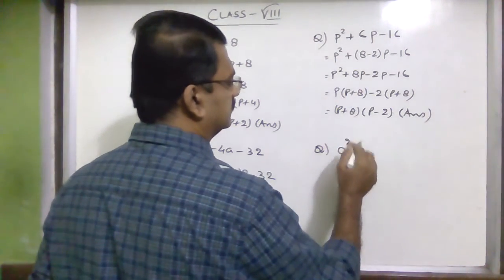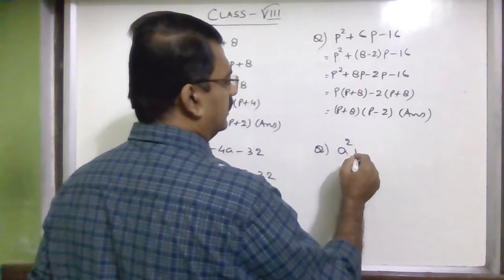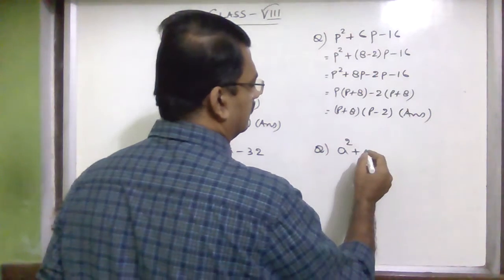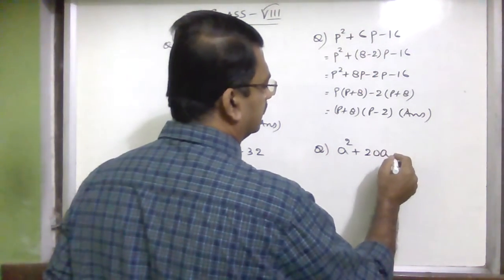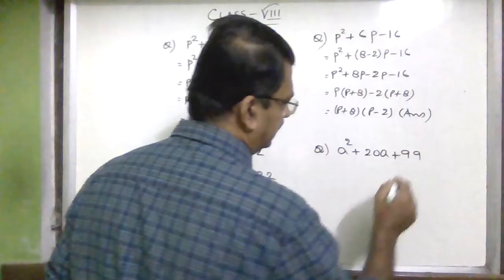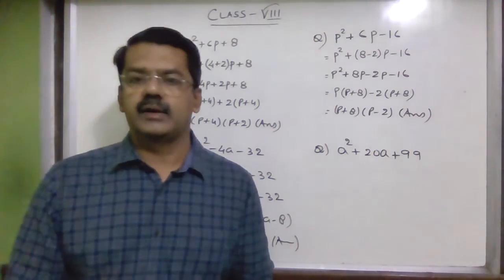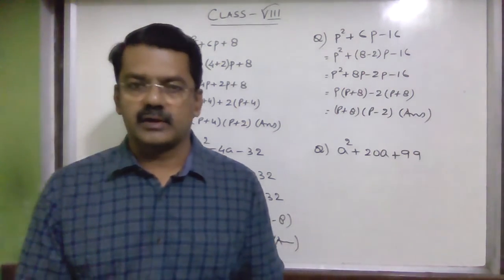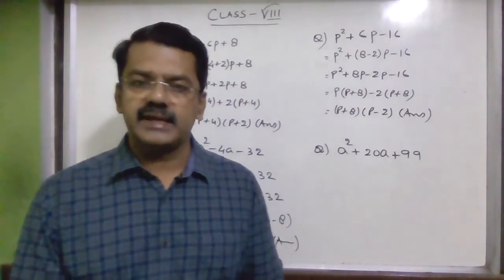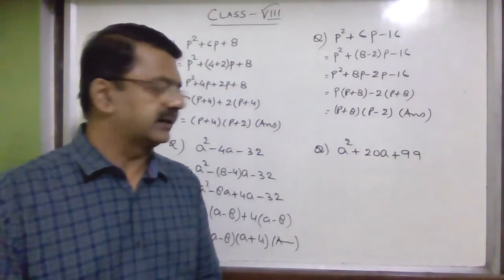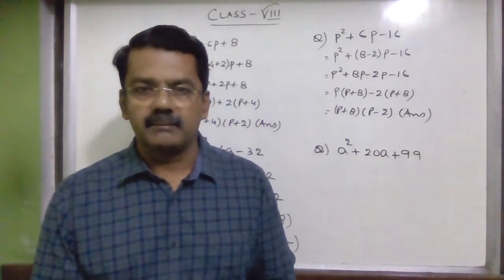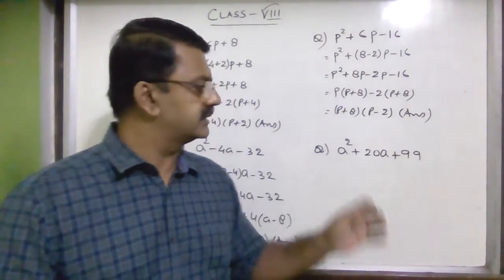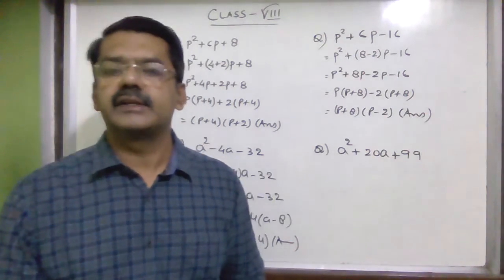The next question is a square plus 20a plus 99. It is also a trinomial. It is also a quadratic expression, and we will apply the same method to factorize it, that is by splitting the middle term. Now the constant over here is 99 and the sign in front of it is positive.